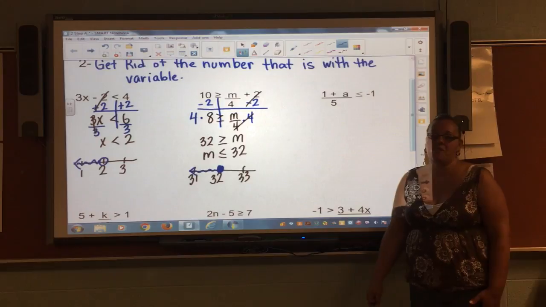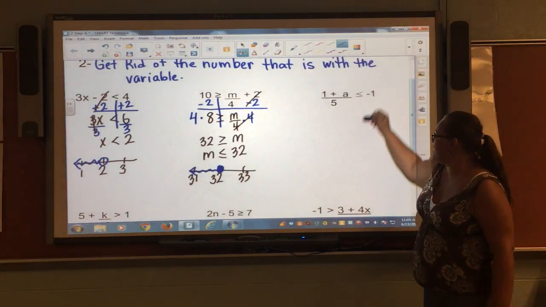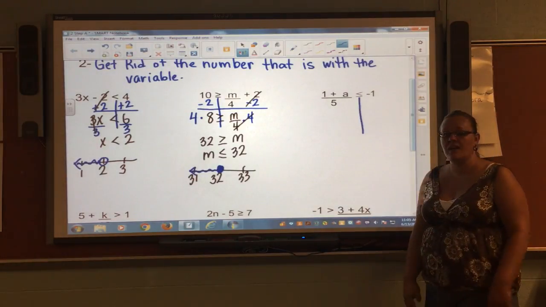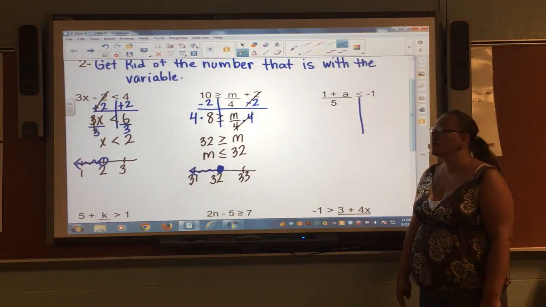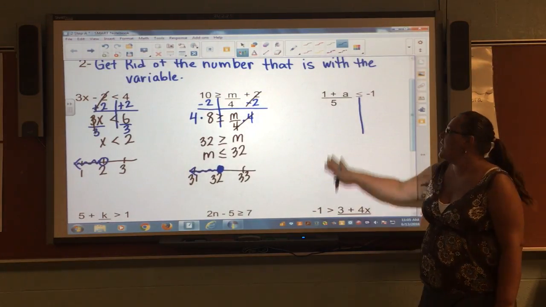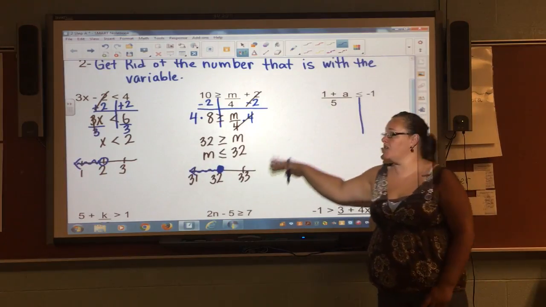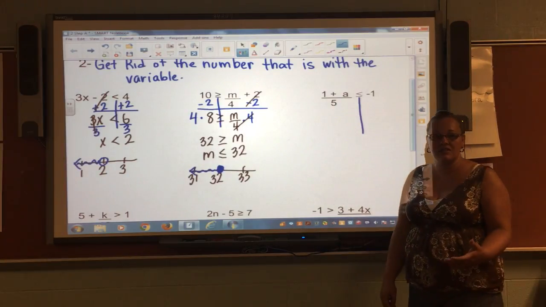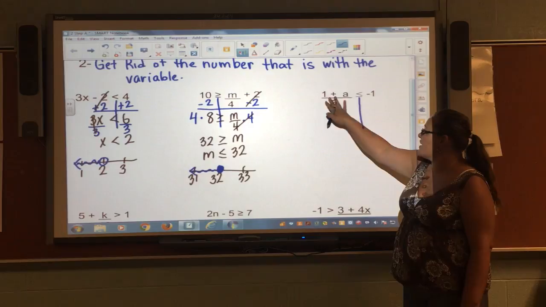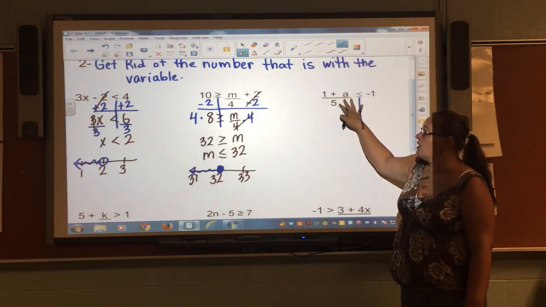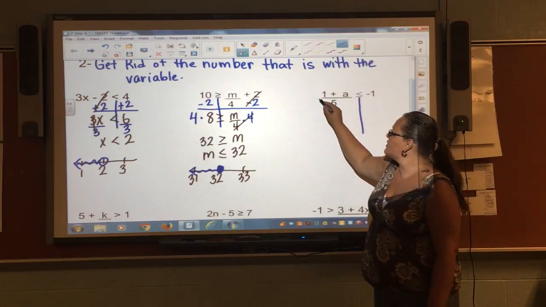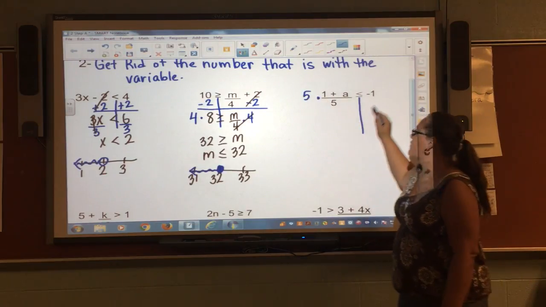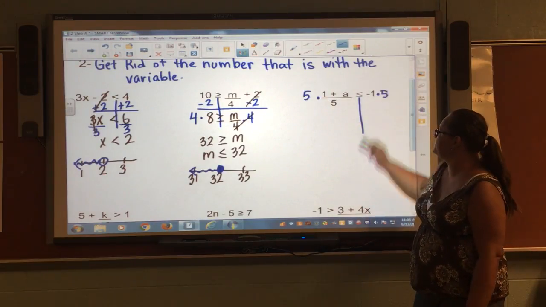The last example, we identify our inequality sign, and what don't you like about this inequality? It's a fraction. And we know from this problem that this fraction bar means to divide. So if you don't like this whole thing being divided by 5, the opposite of division is to multiply by 5 on both sides.